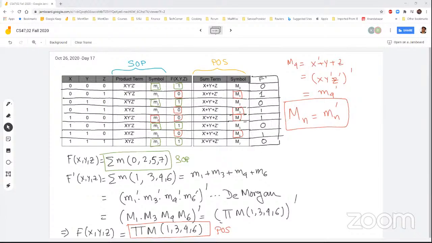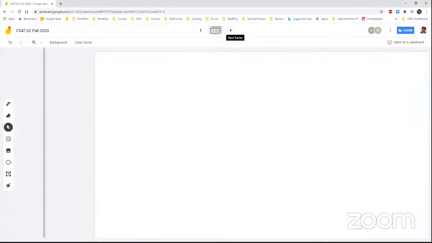Well, the next one I wanted to cover is the prime implicant concept, right? And with that, I'll try to answer Charlotte's other question. Do we have to have prime implicant groups as a rectangle?